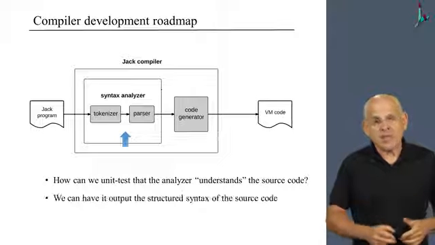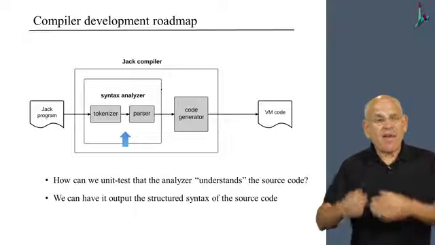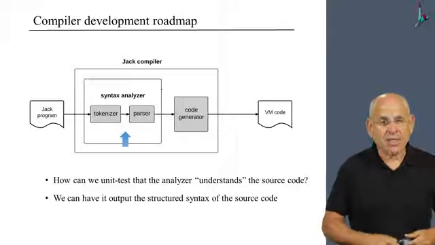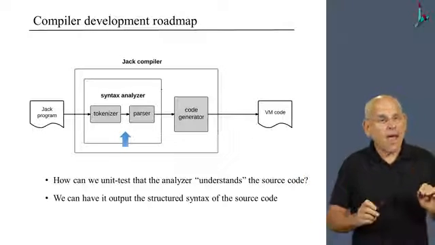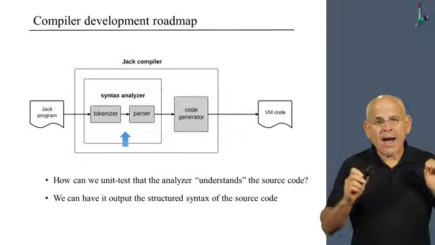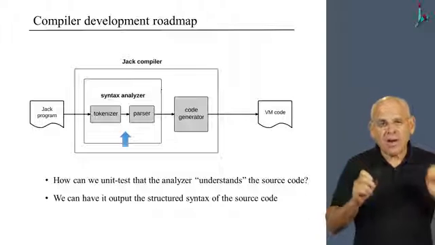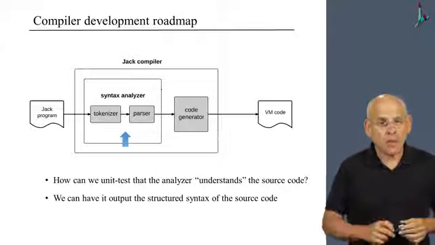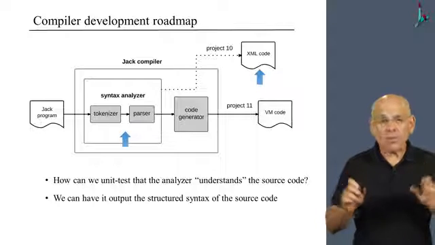Well, the answer is we can defer the development of the code generator to a later stage, as indeed we do. And for now, we can ask the analyzer to output the structured code of the source in some predetermined way. And in particular, here's what we do.